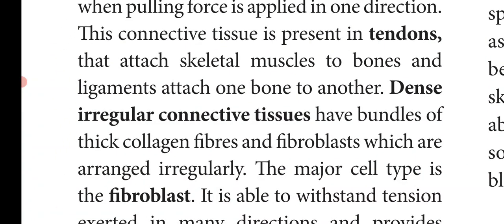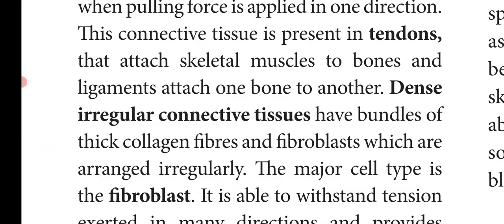Dense irregular connective tissue has bundles of thick collagen fibers and fibroblasts which are arranged irregularly, and here the major cell type is fibroblast. It is able to withstand the tension exerted in many directions and provides structural strength.